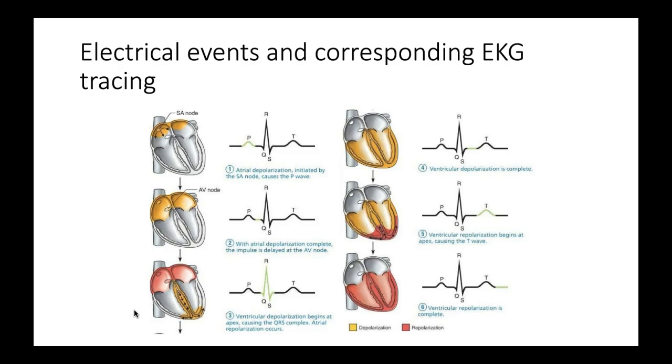And that's where we get our QRS complex. When that depolarization is complete, we have another pause, and that's where you see the top right, that isoelectric line, before repolarization begins, causing the T wave that you see at the end. Once this whole process is complete, then another impulse begins and we have the process start over again. And that is our actual EKG complex that we're looking at.